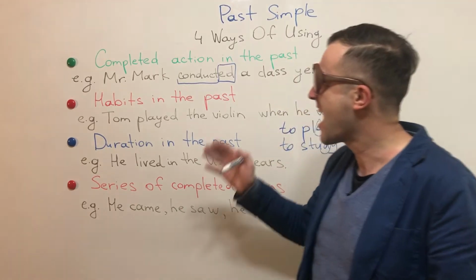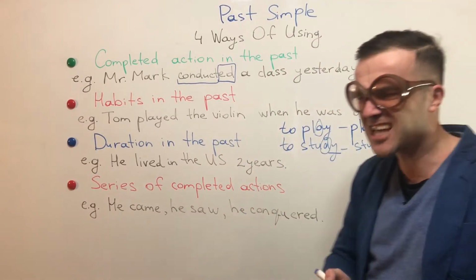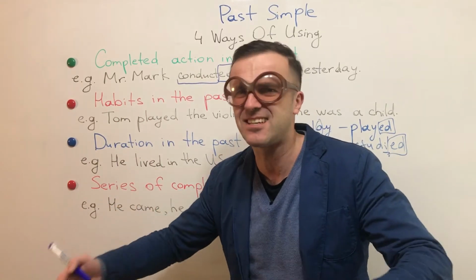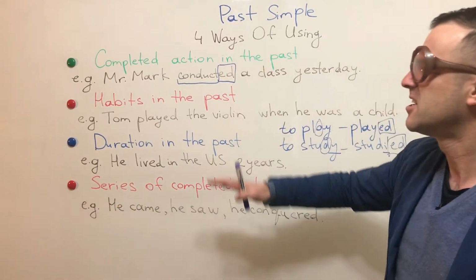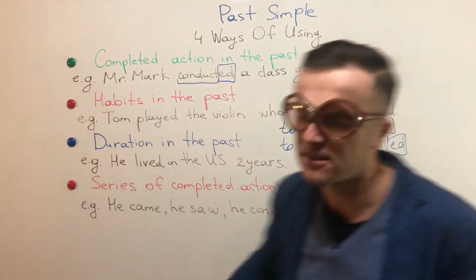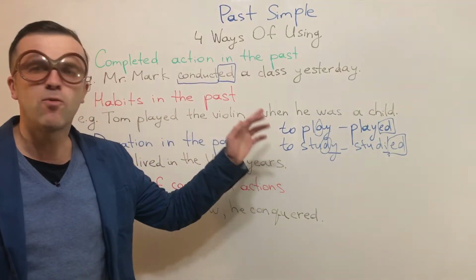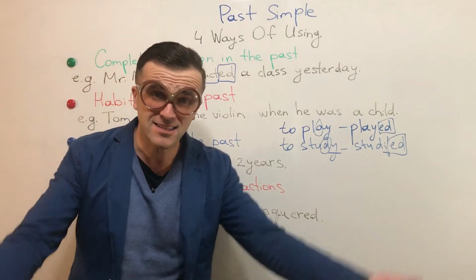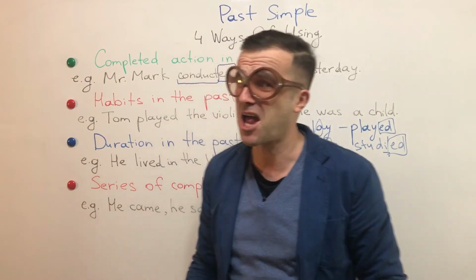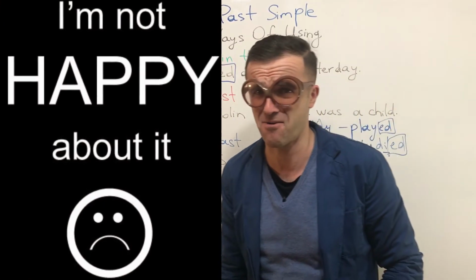So this is habits in the past. Something that you did on a regular basis in the past. For example, Tom played the violin when he was a child. I can say that I played the violin when I was a child, but I was not so happy about that.